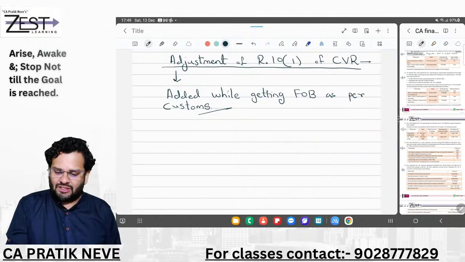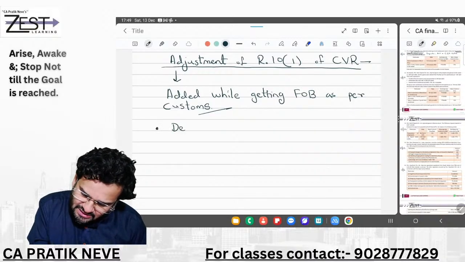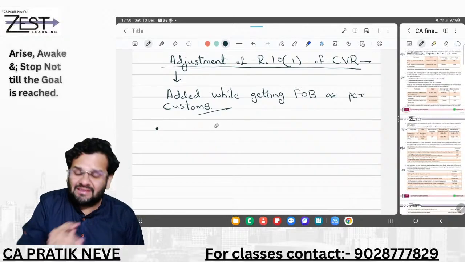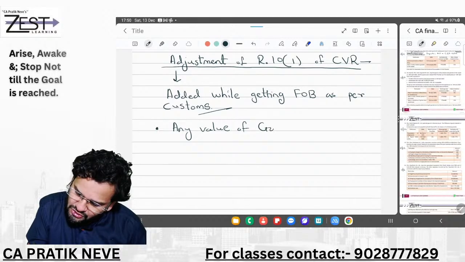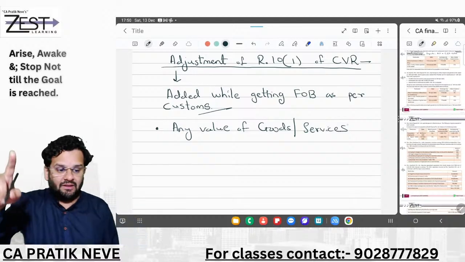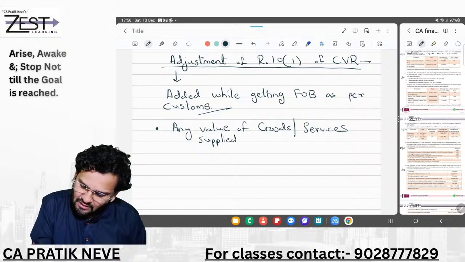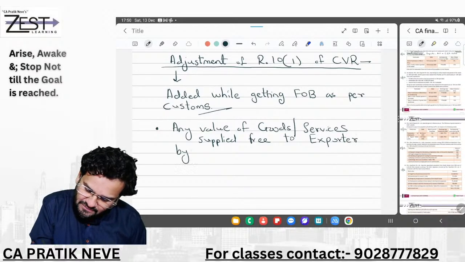So what are these adjustments of 10(1)? So first of all, any designing charges, actually I can say any value or cost of goods or services supplied free. Supplied free to whom? Supplied free to exporter. By whom? By importer.